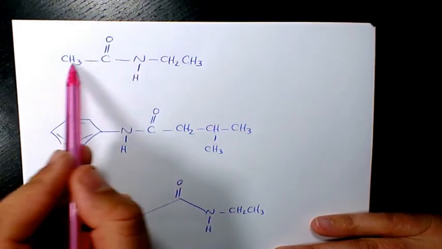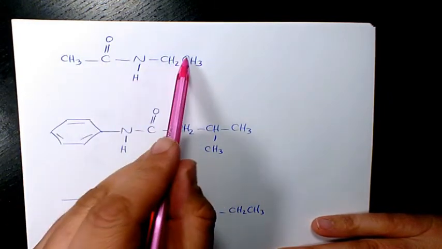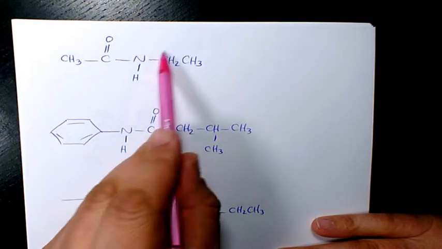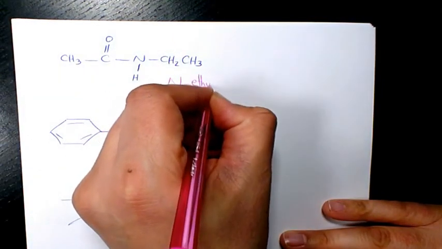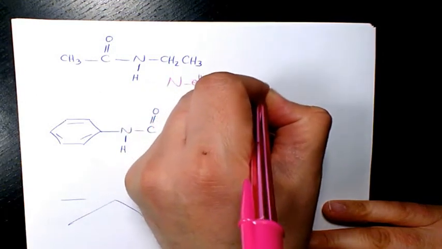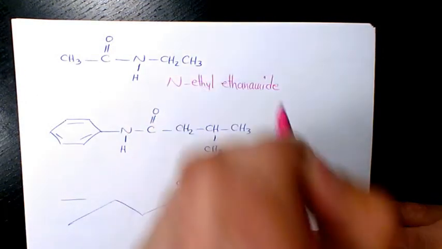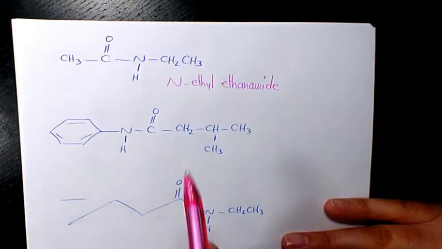Here we have 2 carbon atoms, so it's going to be ethanamide. And here, of the 2 hydrogens, one of them is substituted with ethyl. So it's going to be N-ethyl ethanamide. That's the name of this organic compound, N-ethyl ethanamide.